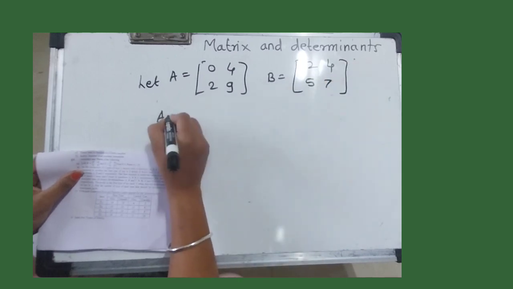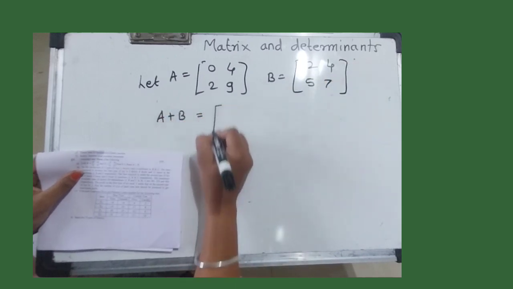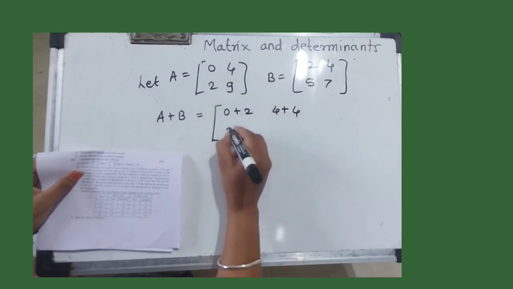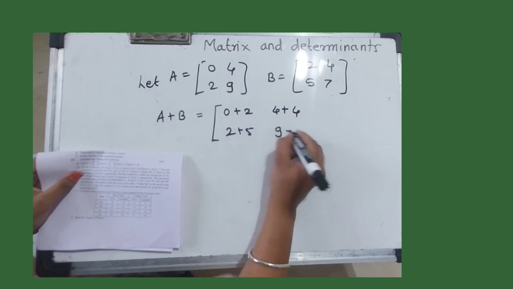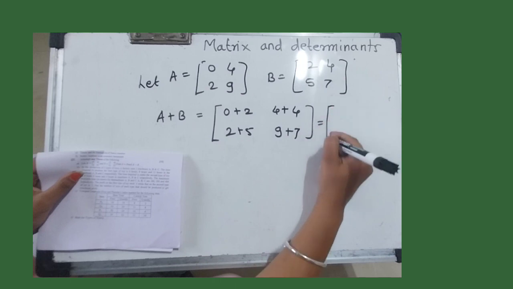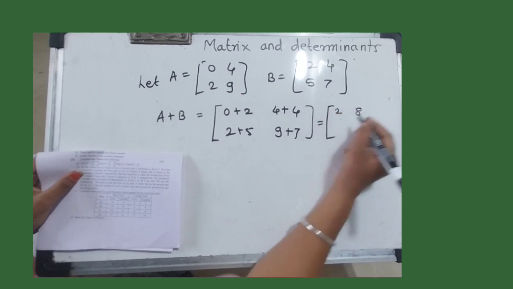What we have to find? A plus B. How to find? 0 plus 2, 4 plus 4, 2 plus 5, 9 plus 7. Take the corresponding elements. A plus B is 2, 8, 7 and 16.